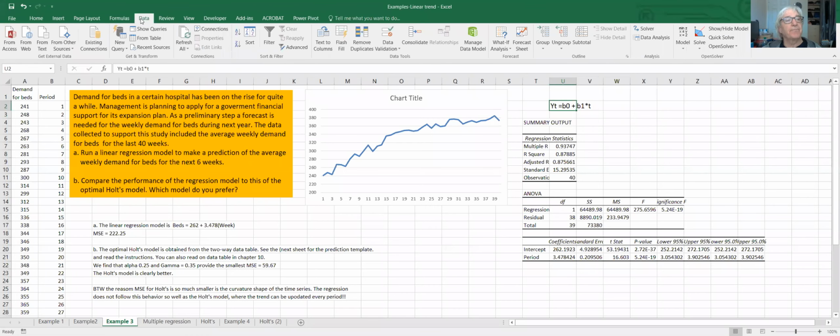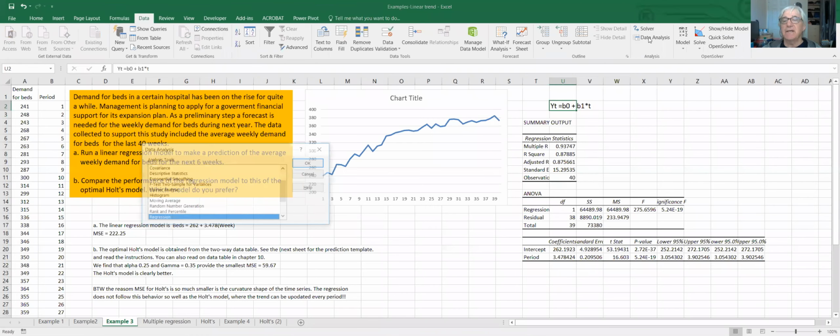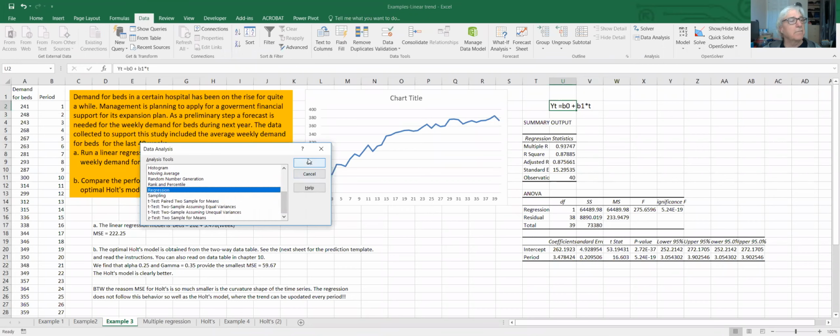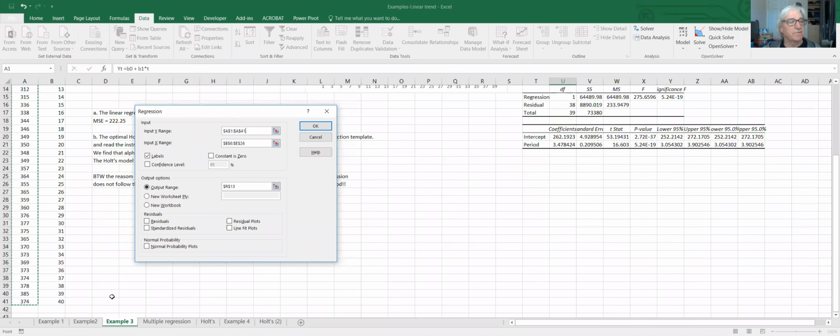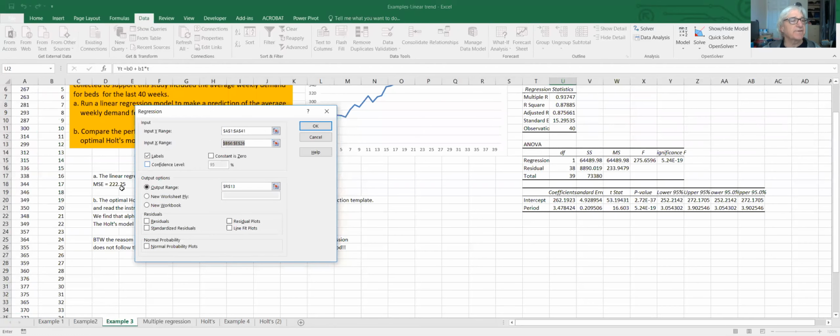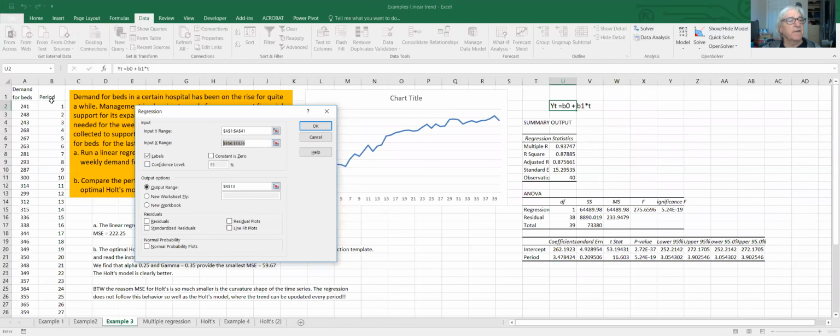In data analysis, the y is the time series. As you see, there are 40 months of monthly demand collected. And then x is the time itself.